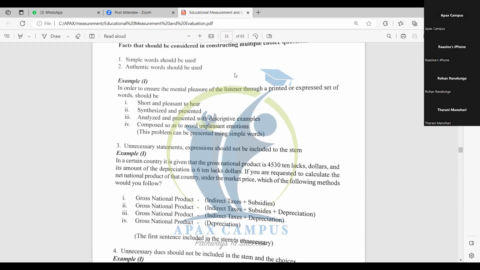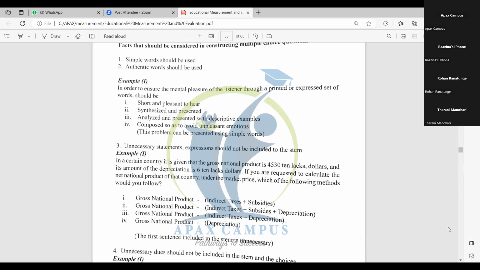In a certain country, it is given the gross national product is like that, right? Because now they are not asking for a numerical answer, this numerical information is not necessary. They are just asking about a formula. So the first sentence included in the stem is unnecessary.